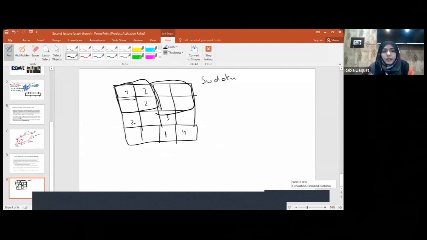There is not any repetition of numbers. So 1, 2, 3, 4. No repetition of numbers, and every block should have a unique number.